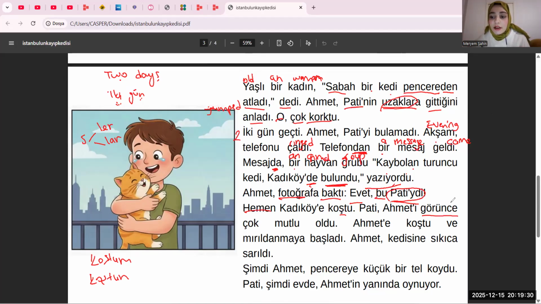Pati Ahmet'i görünce, when he saw Ahmet, çok very mutlu happy oldu became. Ahmet'e koştu. He ran to Ahmet. Run and ve mırıldanmaya. That is a sound that cats make. In English, it's purr, or murmur.